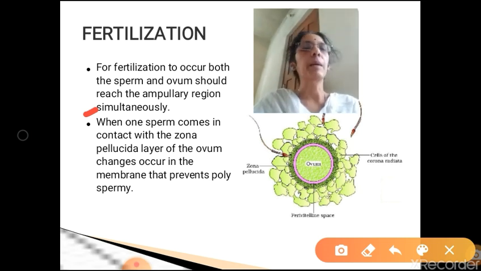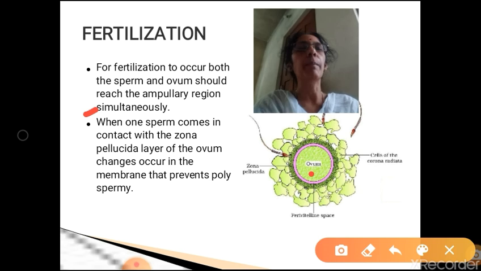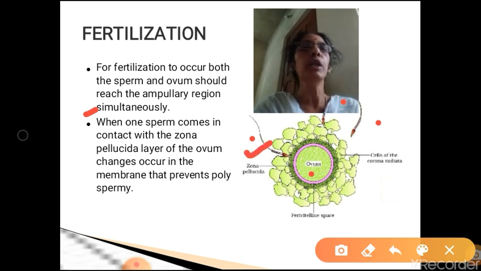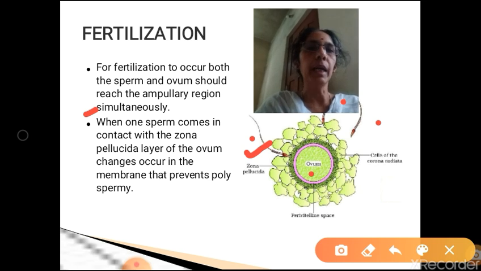Now, for example, here you can see an ovum. But how many sperm you can see? 1, 2, 3. But here what will happen when one sperm has reached which region? The zona pellucida region.